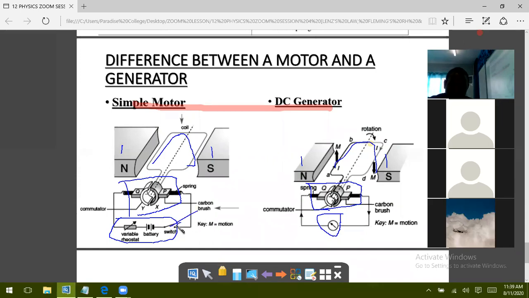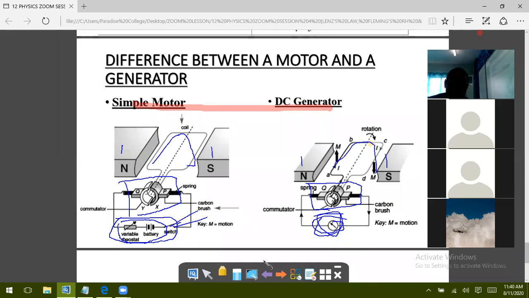Yes. Down here, this is the electricity source. On this end, this is a load, something that will use up electricity. This is something that is going to produce electricity, and on that side, it is something that is going to use up electricity. That's the difference.